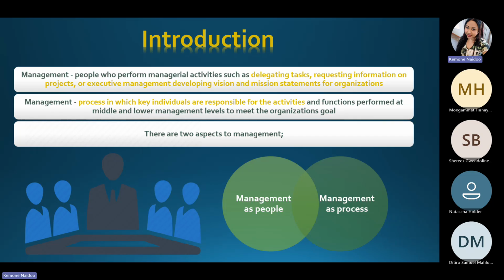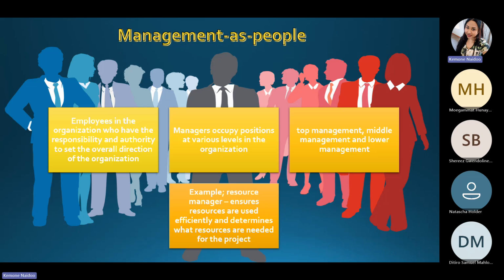Learning unit 4 is all about management. It's looking at management as people and management as a process. There are 2 kinds. When we have management as people, we are looking at managers, the positions that they occupy and what they do.